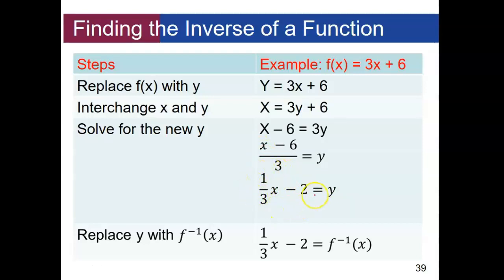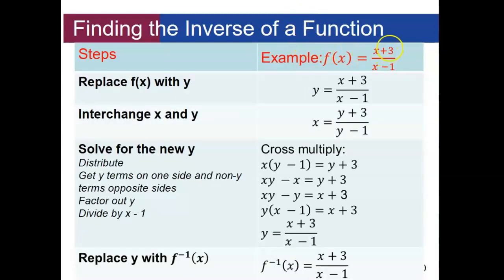That's going to be my inverse function. We do like to carry it all the way back to replacing the y with the inverse notation, and so that's going to be the inverse of the function. If I wanted to, I could compose this function and this function together, and I should get that it equals x, therefore verifying that they are in fact inverses of each other.